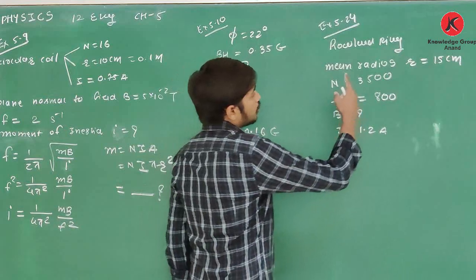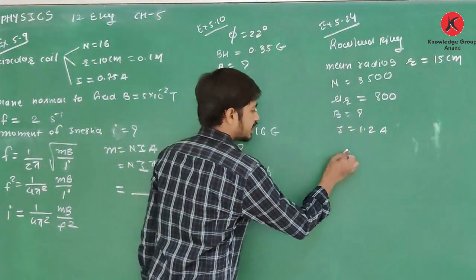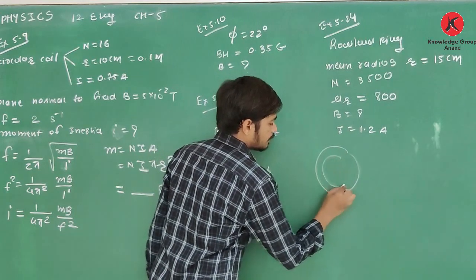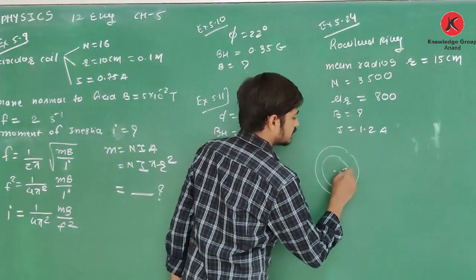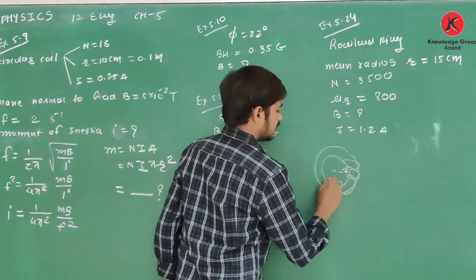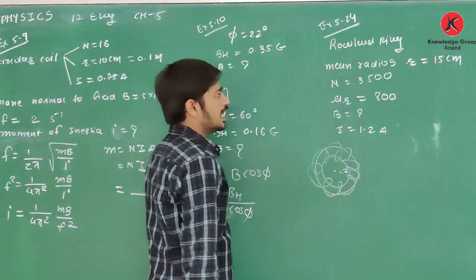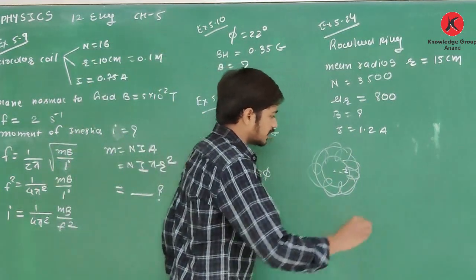Last one is, you are given a Rowland ring. Rowland ring means nothing but one type of toroid, having mean radius r equal to 15 centimeter and number of turns N equal to 3500. What is different?